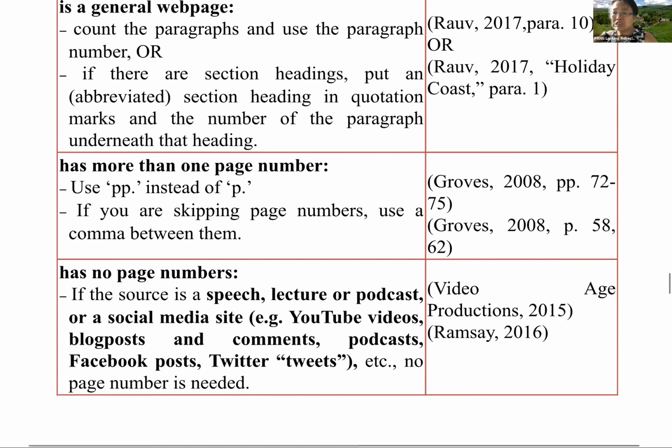Okay, now sometimes it might have more than 1 page. So take for example, you start the quotation from page 2 and then it continues to page 3, that means it covers 2 pages. In this case, you use PP, all right, PP, that is for pages.